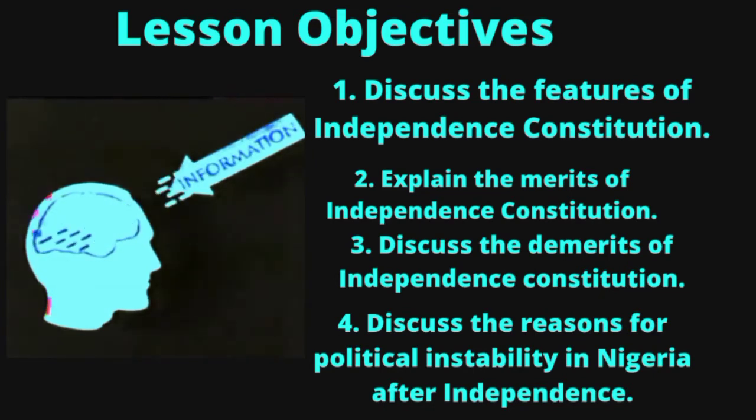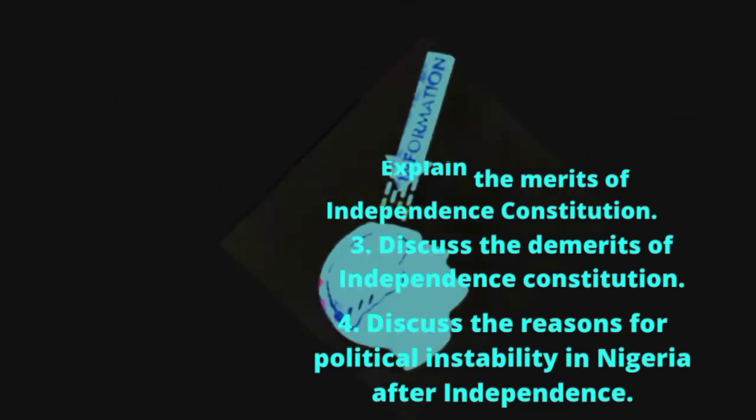For our lesson objectives, by the end of this class, you should be able to discuss the features of the Independence Constitution, explain the merits, discuss the demerits of the Independence Constitution, as well as discuss the reasons for political instability in Nigeria after independence.